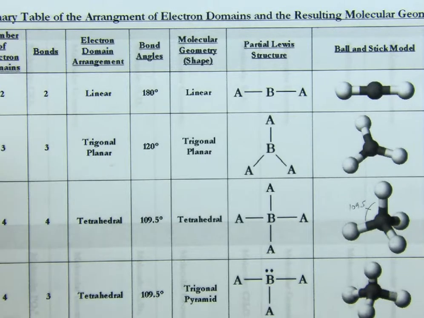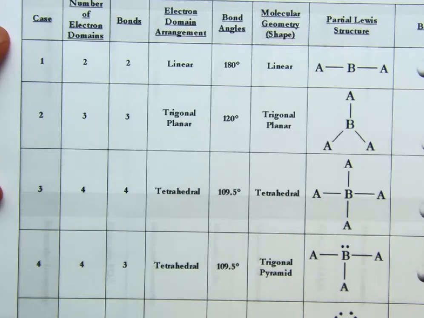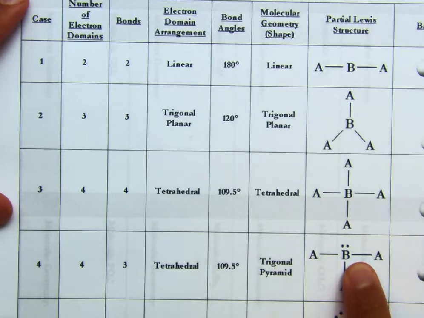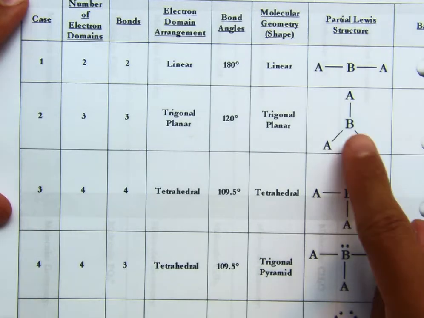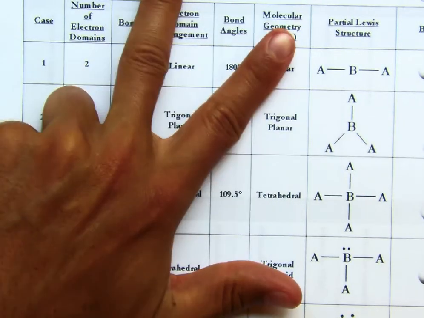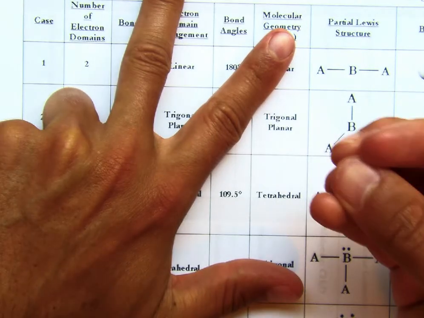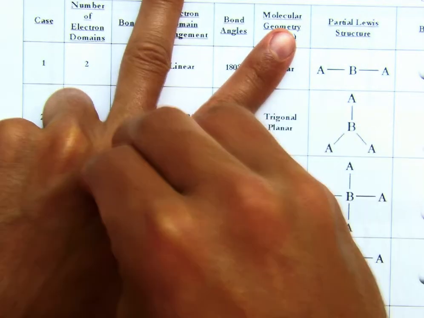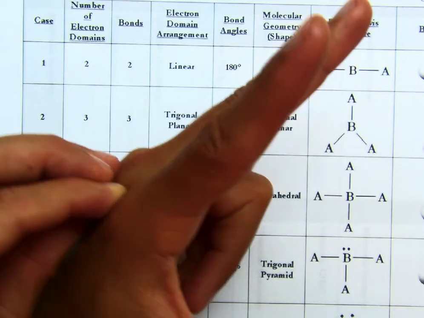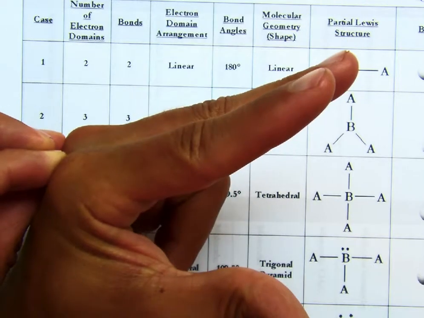Okay, now you could have 4 domains where only 3 of them are bonding, which would mean that you have a central atom here. This is 1, 2, 3, 4 domains, but only 3 of the 4 are bonding. So instead of having 3 domains where they're all bonding like this, which is trigonal planar, which is flat, you have a non-bonding pair placed right on the center, and that's going to repel the other ones down.